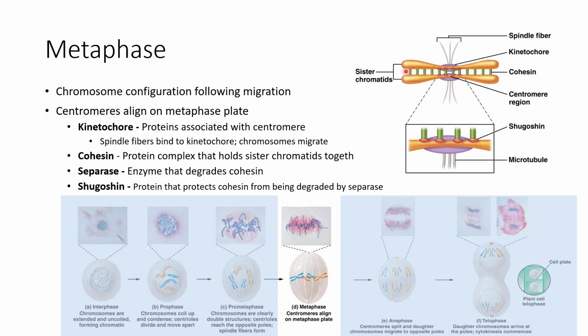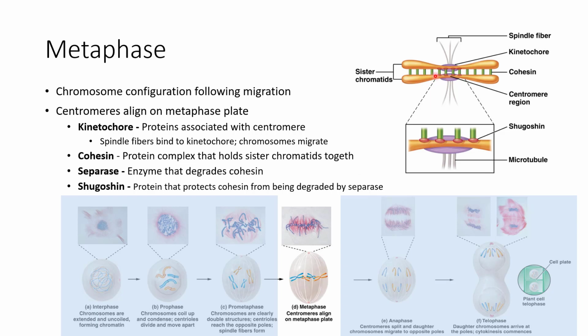Okay, so cohesin exists all throughout. Shugoshin is found primarily at the centromere. Okay, you can have a little bit in other areas, but primarily this is where we find it, and it helps kind of protect it.